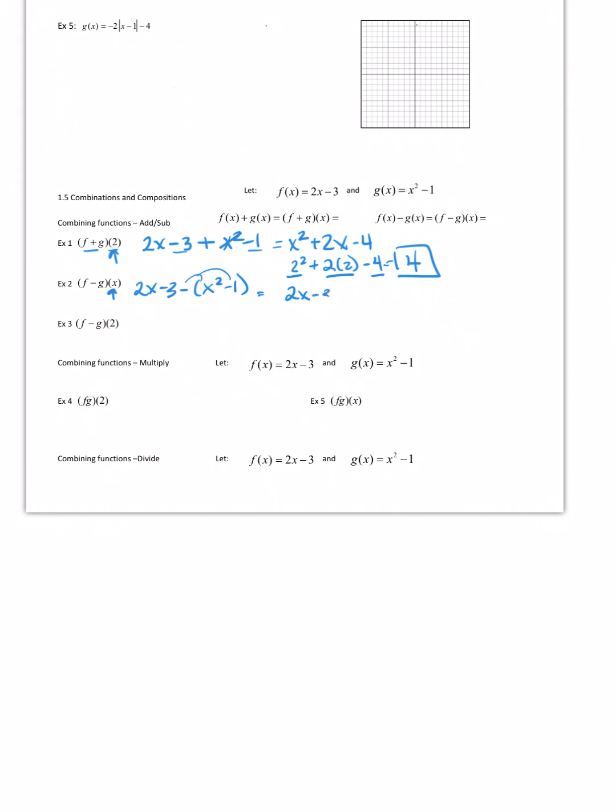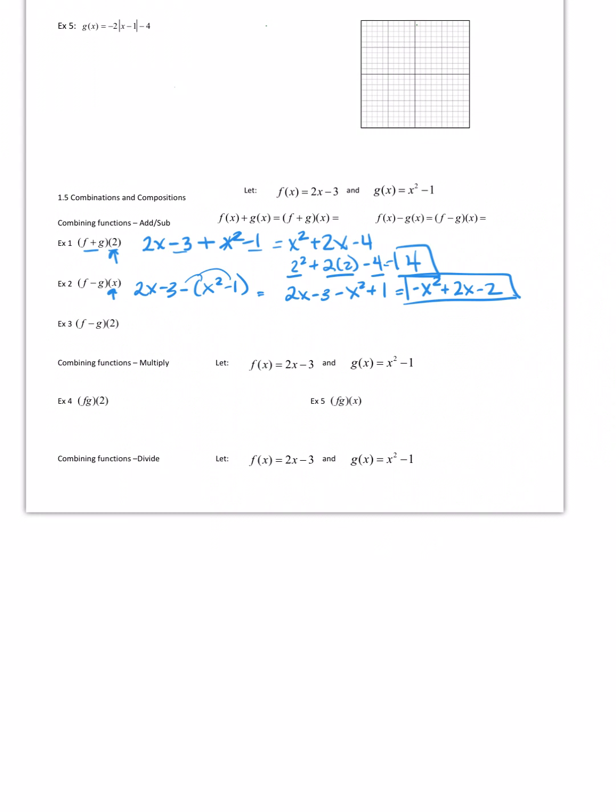So 2x minus 3 minus x squared plus 1 when we distribute that negative. So then I put it in exponent order, negative x squared plus 2x minus 2. So notice my answer on this one has an x because x was in the original question. It did not give me a number here.